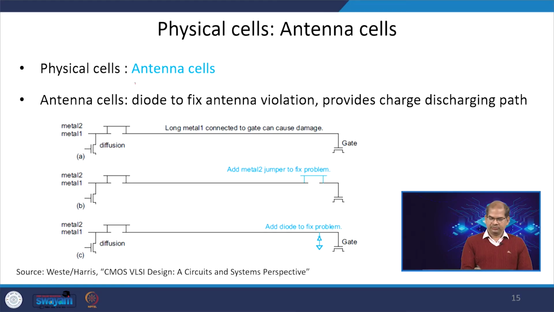So, now we have another physical cell which is called the antenna cell. These antenna cells are used to fix the antenna violation. What is this antenna violation?